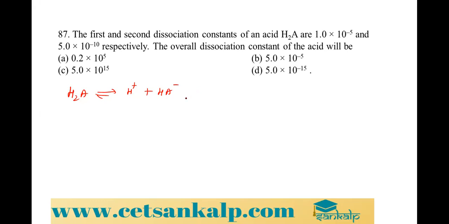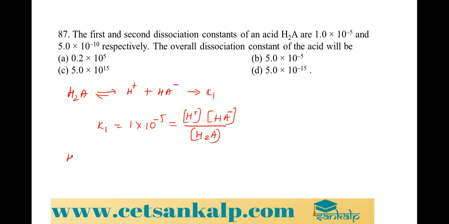This is going to be called as what? K1. So they are given K1, that is equal to 1 into 10 to the power minus 5, that is equal to H plus concentration into HA minus concentration divided by H2A, correct?